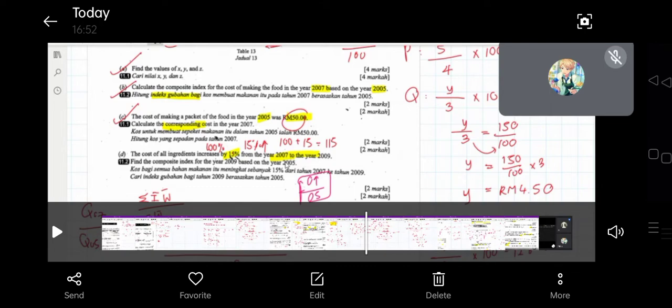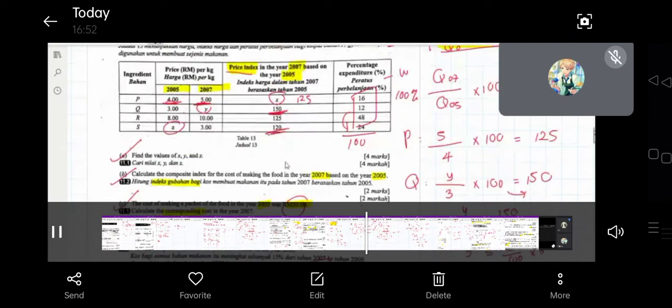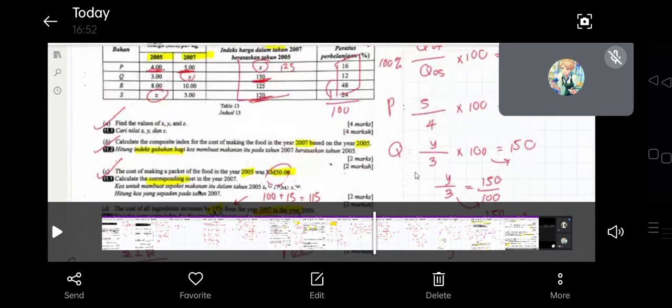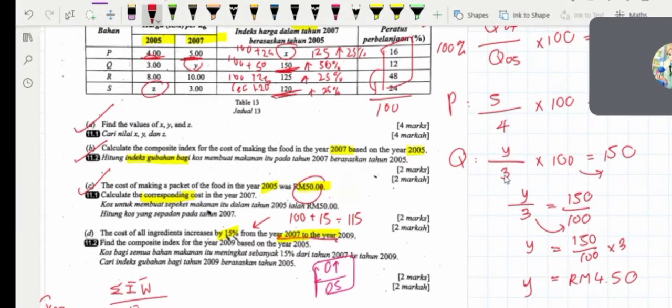Okay, now we are going to do this. We actually have a struggle in this question, so I'm going to skip. Actually, we can use a different kaedah. This is what she explains.